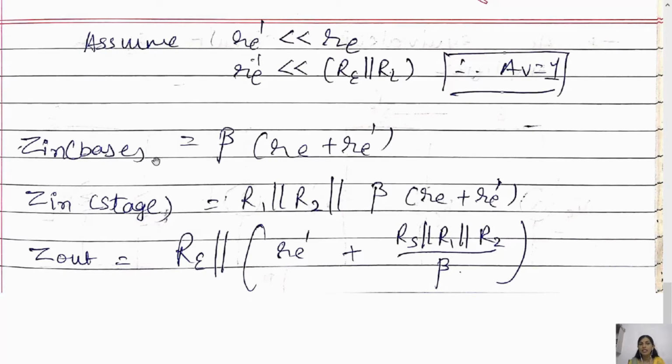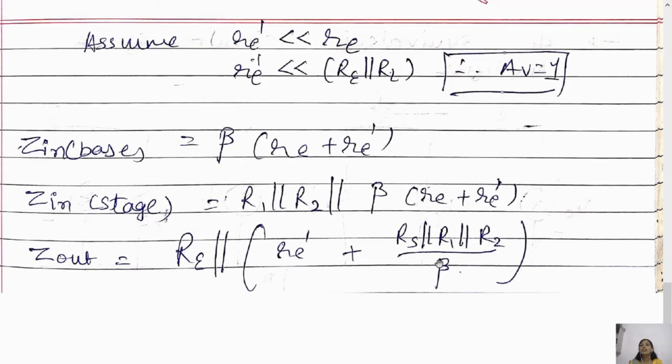For base, it is beta into RE plus RE dash. And for the stage, input impedance is equal to R1 parallel R2 parallel beta into RE plus RE dash. Finally, the Z out, the output impedance, is equal to RE parallel RE dash plus RS, the source resistance, parallel R1 parallel R2, upon beta.